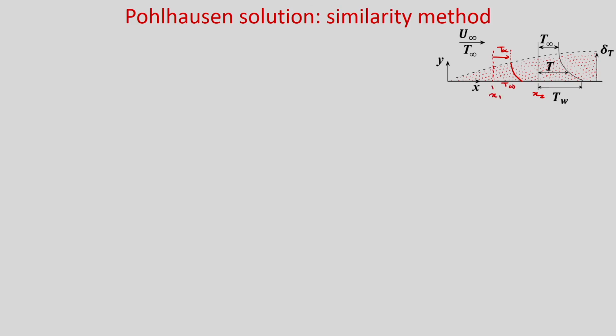For T w equal to constant, you can see that these are similar profiles. So, if you scale down the temperature distribution at location x 2 with a scaling factor, then you can get the same temperature distribution at x 1.